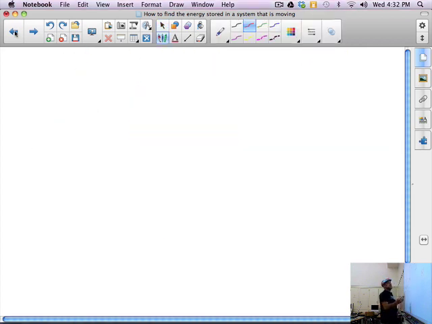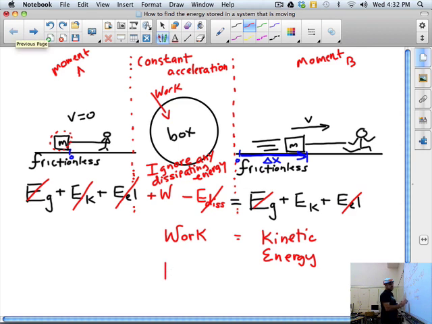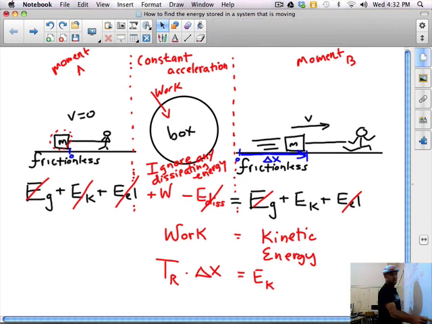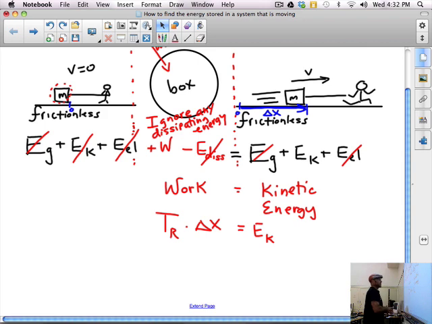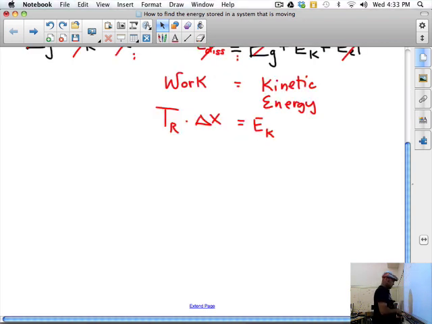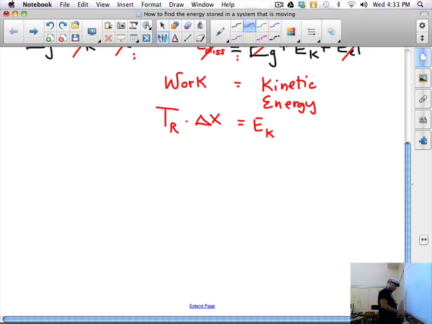So I can plug in tension of the rope. All right, tension due to rope times how far the box moves, right? And that's got to equal EK, all right? So now if I scroll down, well, let's talk about what tension in the rope has to equal, all right?